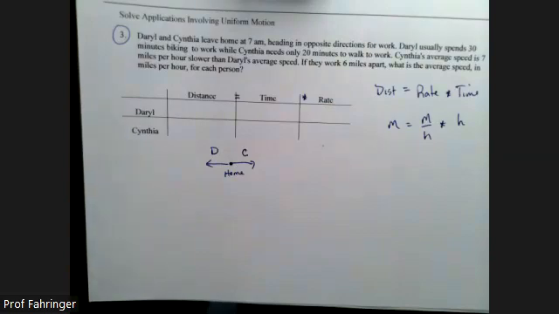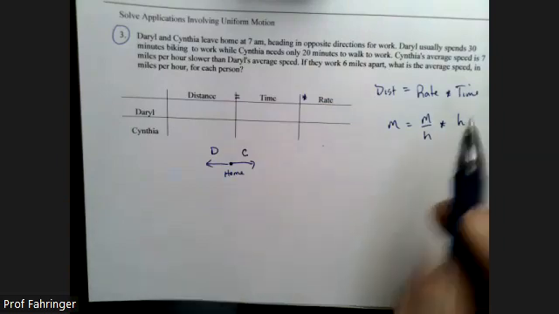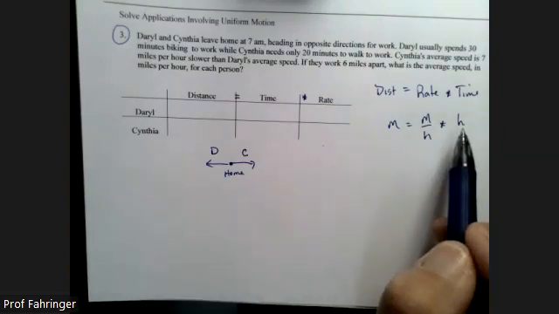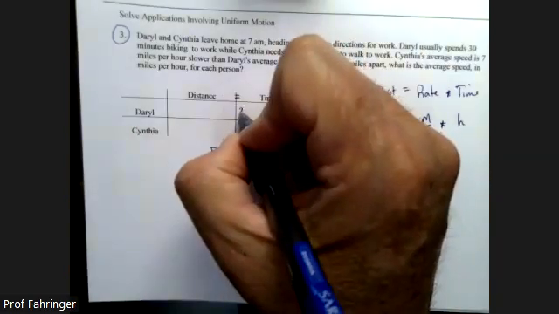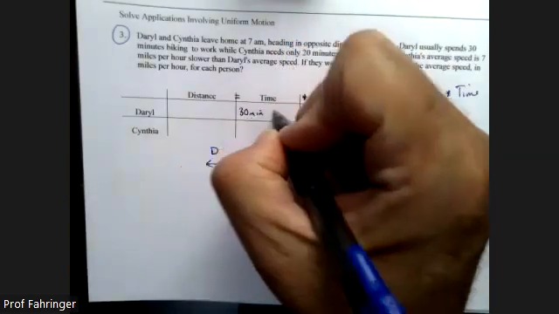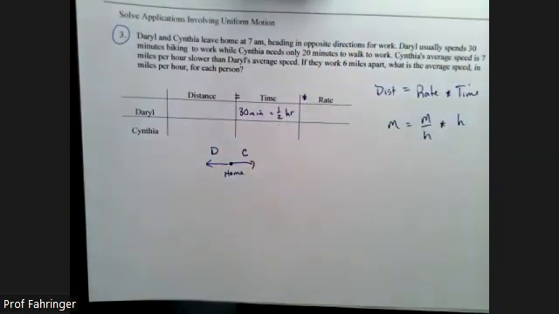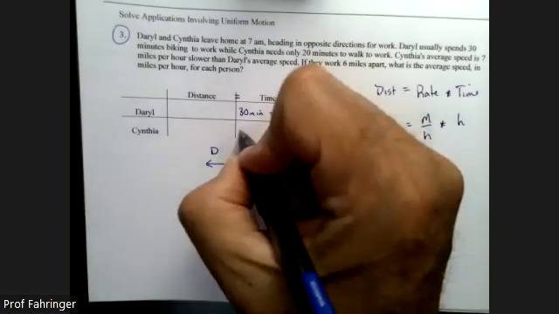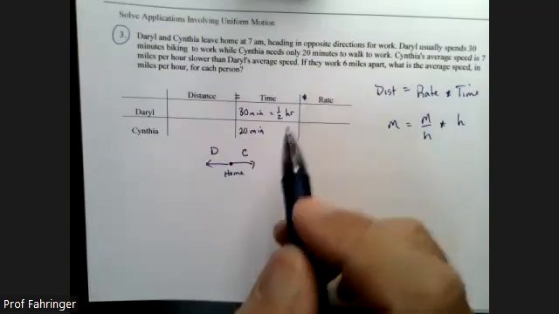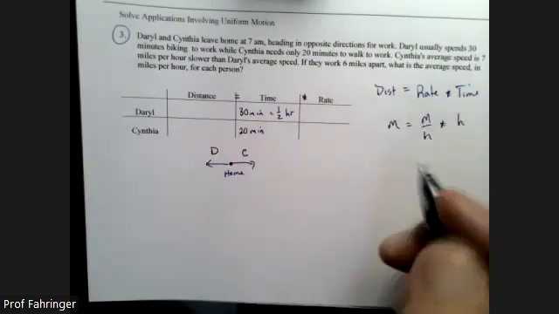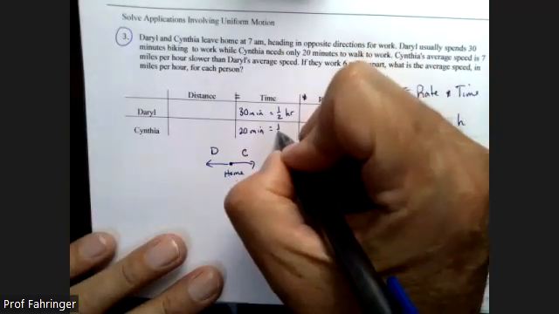What's Daryl's time? 30 minutes, but what might we want to make it instead of 30? 0.5. Yeah, 30 minutes equals 1/2 of an hour, because our labels are going to have to stay important. Cindy takes 20 minutes, which is going to equal 1/3 of an hour.